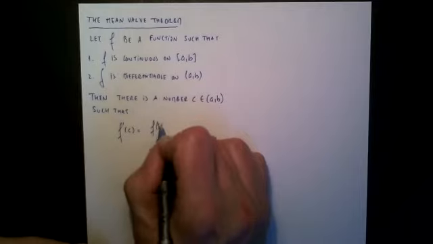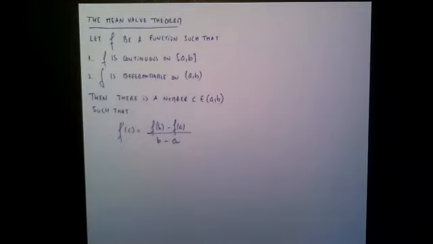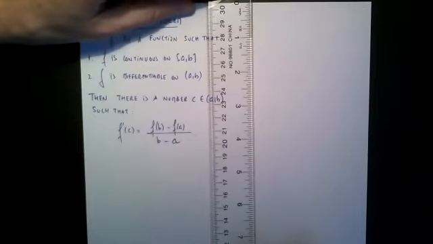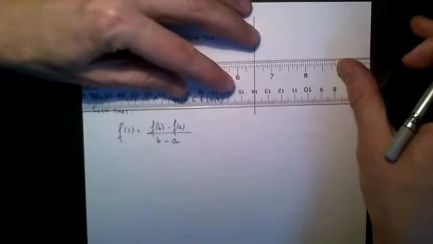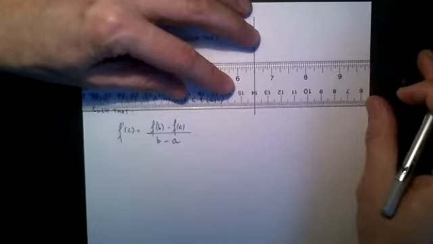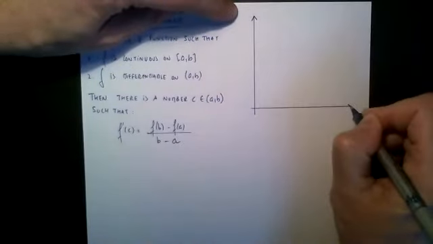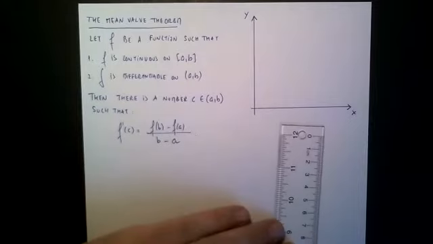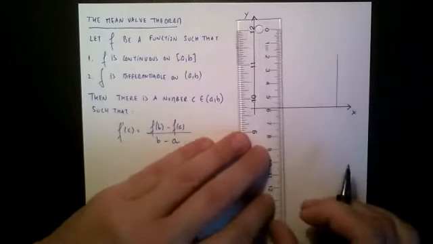Here it would be f of B minus f of A over B minus A. You're going to see that it makes a lot of sense once I draw it.